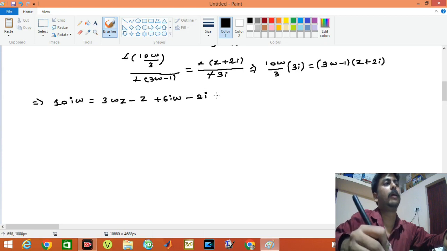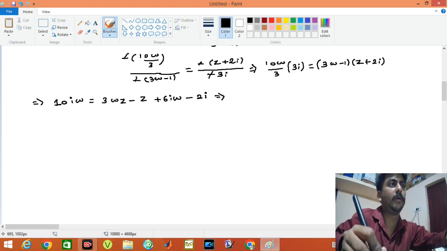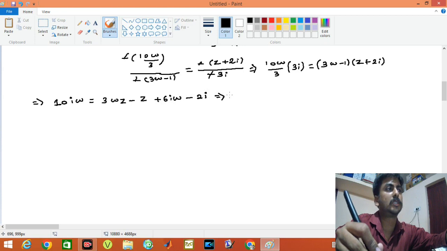So now we can bring everything on one side, all the w's on one side, which will make our process very simplified.